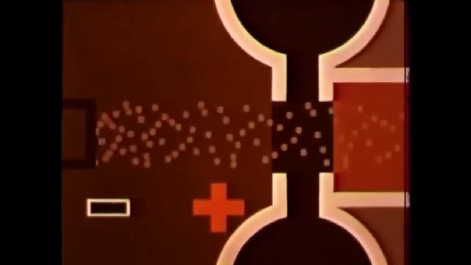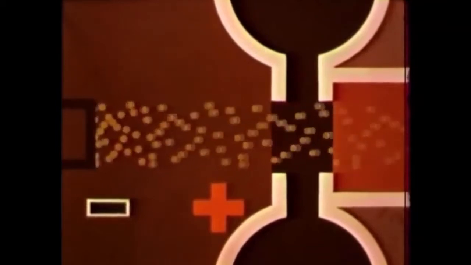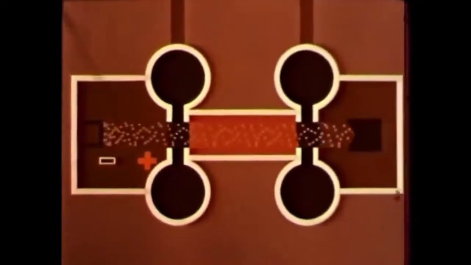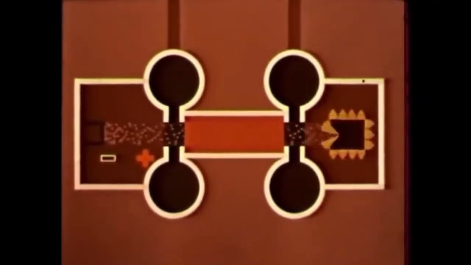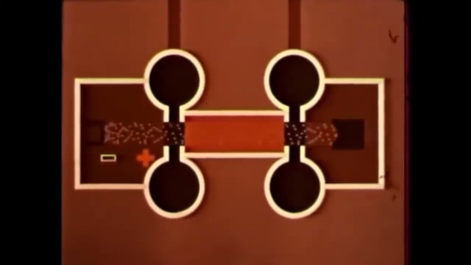Thus, the electrons emitted by the cathode are accelerated towards the first resonator. Because the resonators have apertures in the form of grids, the electrons will continue until they reach the collector, which is at the same potential as the resonators.